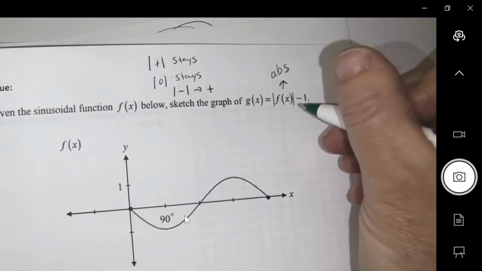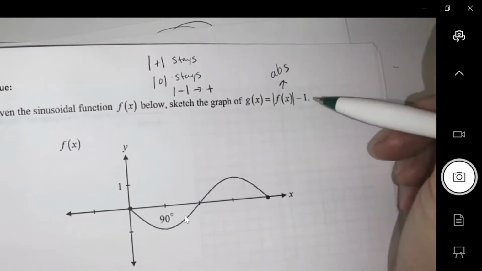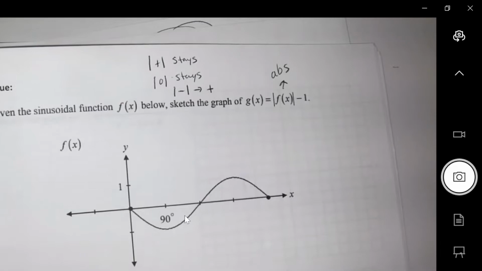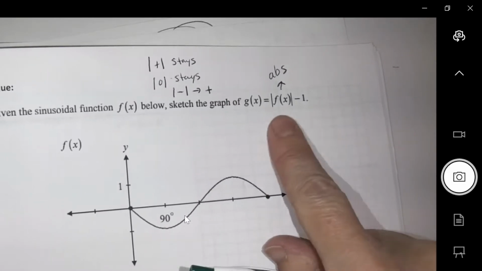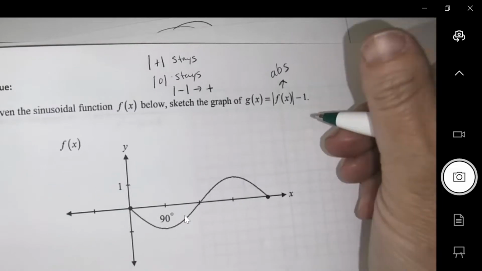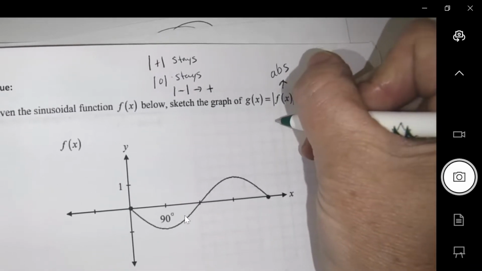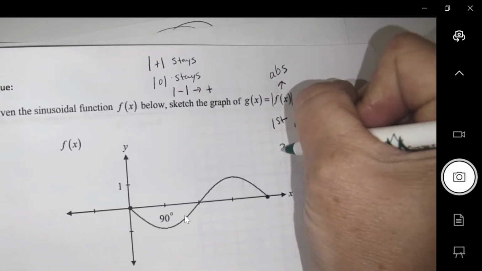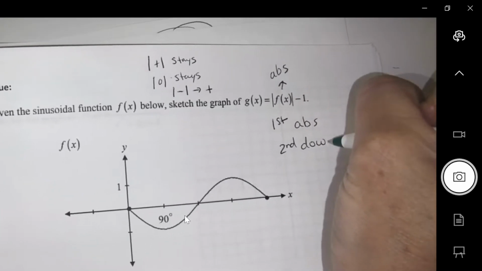Okay, there's two things going on here. There's an absolute and there's a down 1. How do I understand what order to do it? Should I absolute and then go down 1, or down 1 and absolute? Absolute first, and then down, yep.